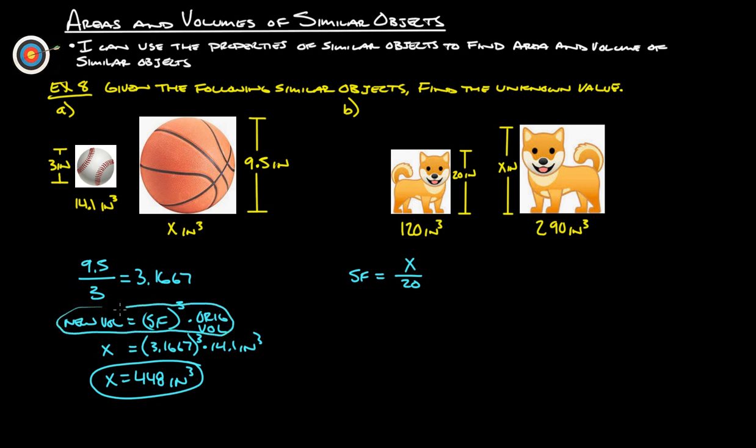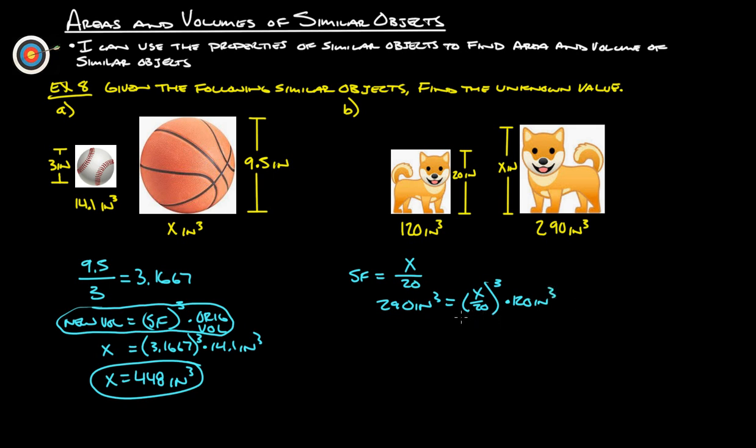The new volume we know is 290 cubic inches. The scale factor here is X over 20. Since it's volume, we now have to cube that and then multiply it by the original volume, which is 120 inches cubed.